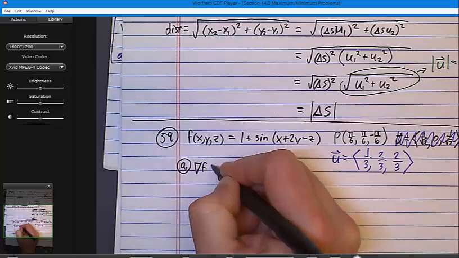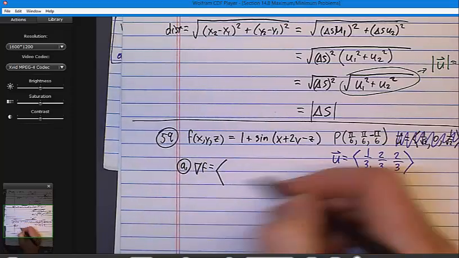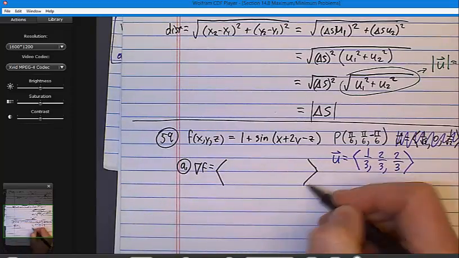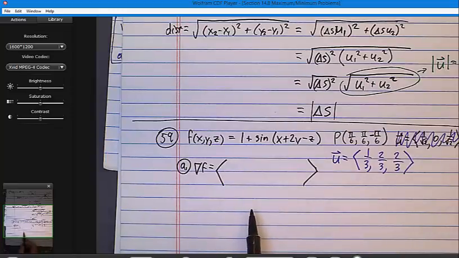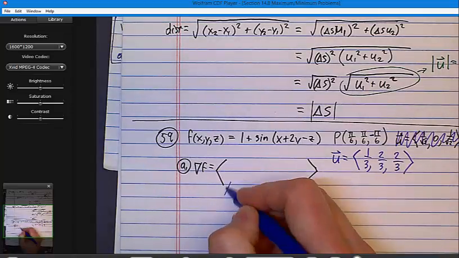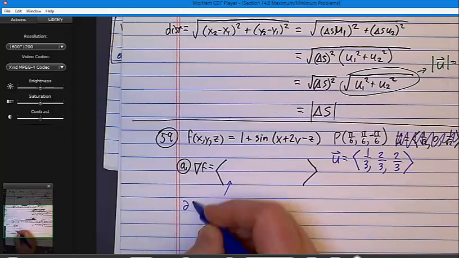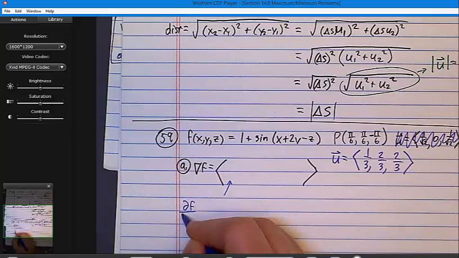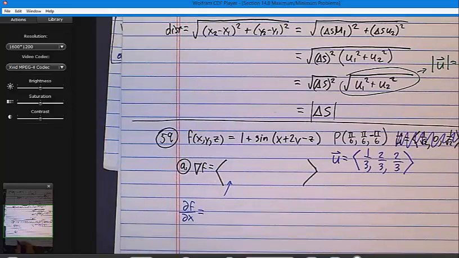Grad f is equal to a vector where basically what I do is I do the partials of these things. Now it's funny because even just to do one little piece of this takes some work, right? So let me just do df dx just for starters. That's going to be the x-coordinate of the gradient vector.